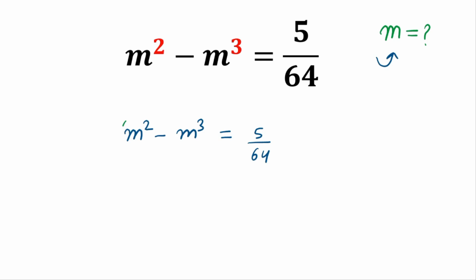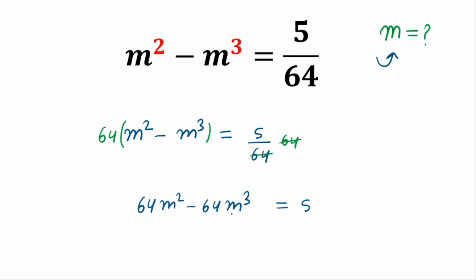Now if we multiply both sides by 64, then this 64 and this 64 cancel out. On the left hand side, 64 is multiplied by m square, giving 64 m square, and this 64 multiplied by m cube, then minus 64 m cube, and this equals 5.